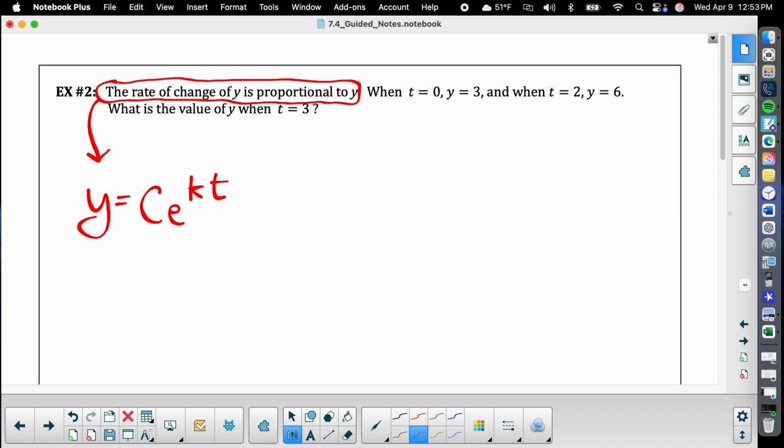The C value is super easy to find if you have a 0, so an initial value. Because if you put 0 in place of t, e to the 0 is 1, and so that just basically eliminates it, and then c is your starting value.